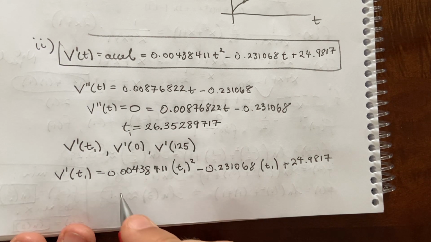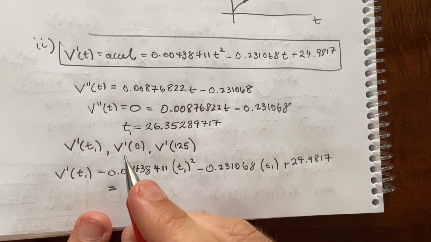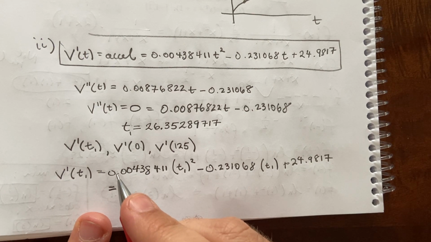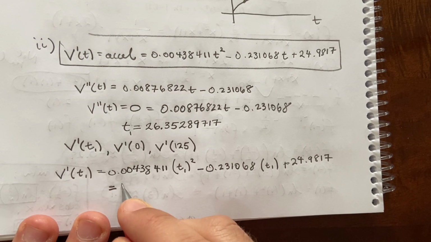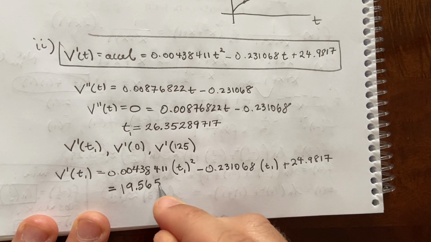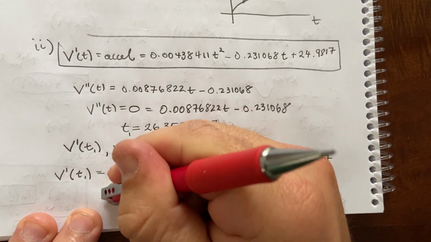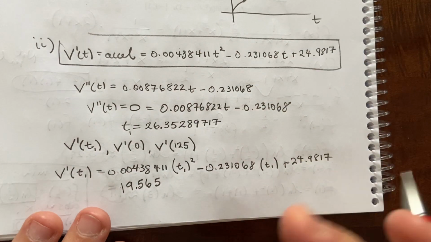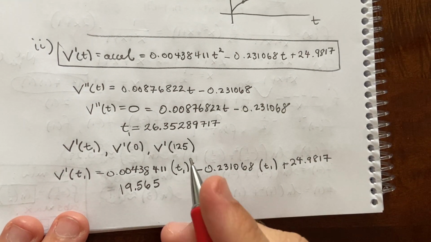So it looks like I'm getting, I'll just say about 19.565. And that would be feet per second squared.